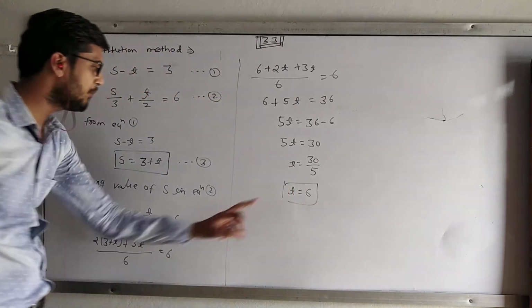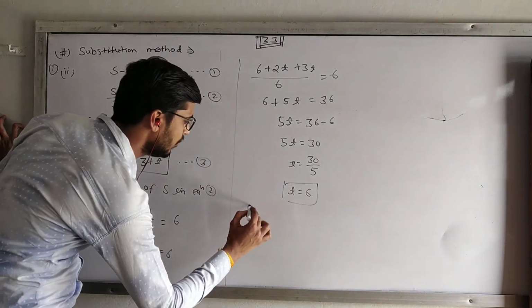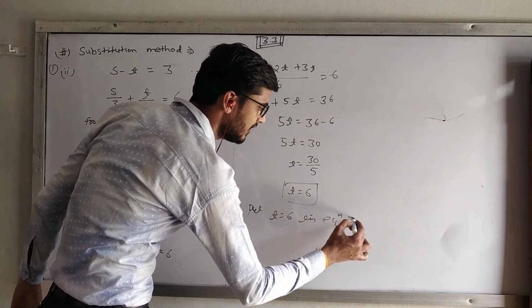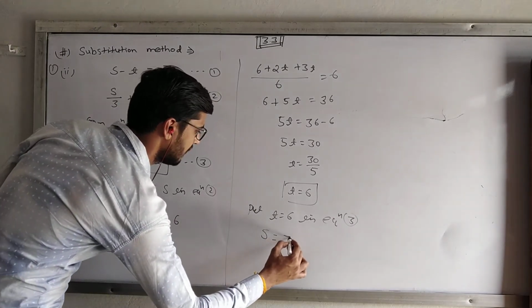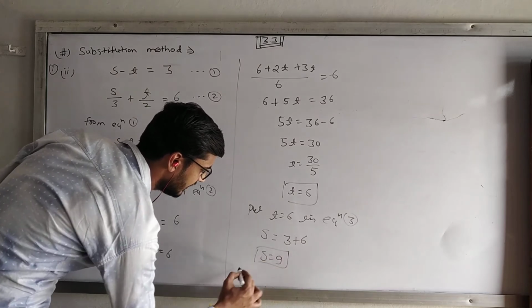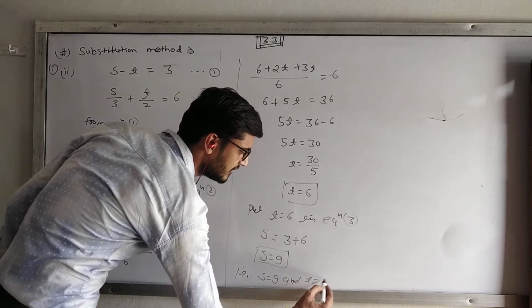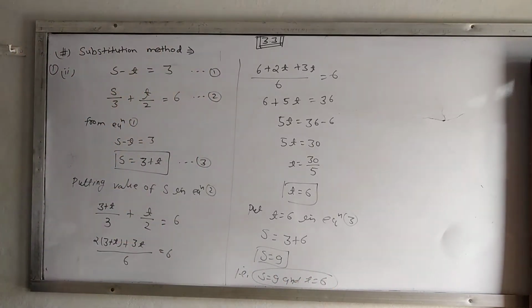This value of t we put in the third equation to get the value of s. So put t equals 6 in the third equation. So s equals 3 plus 6, so s equals 9. That is, s equals 9 and t equals 6 is our solution by using the substitution method.